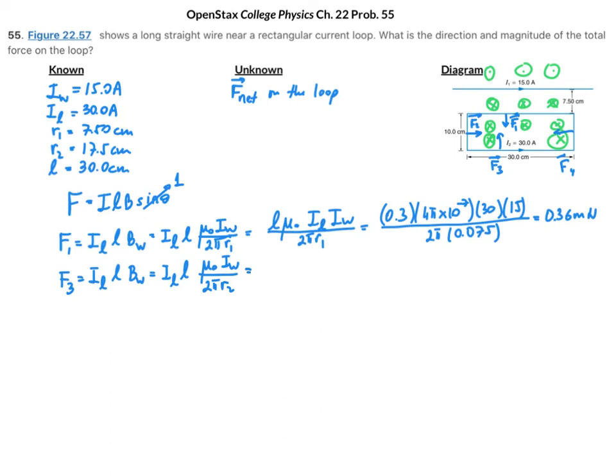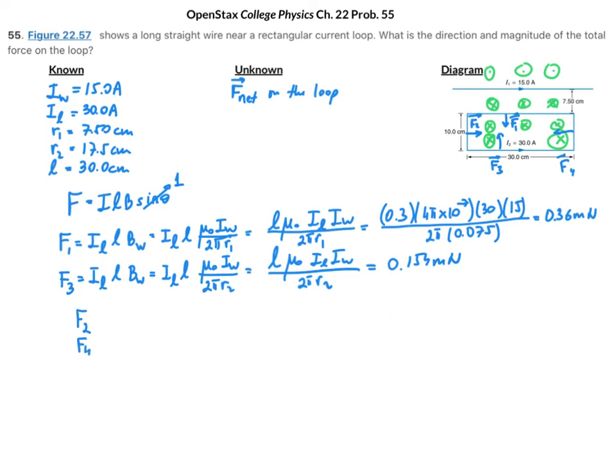Rearranging this, I end up with L mu naught I_L I_W divided by 2 pi R2. You'll notice that the only difference between these two forces is R1 and R2, the separation between the wire and each of these parts of the loop. So when I plug in the numbers, I end up with 0.154 millinewtons.